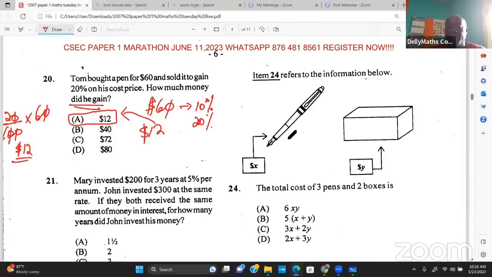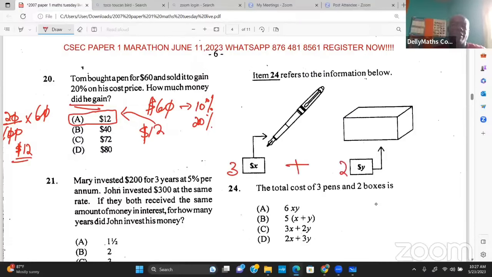All right, let's look at item 24. Let's pay attention. It says item 24 refers to the information below. I'm seeing X dollars for the pen, Y dollars for the box. The total cost for 3 pens and 2 boxes. So you want to put together the idea: 3 pens, 2 boxes, total.